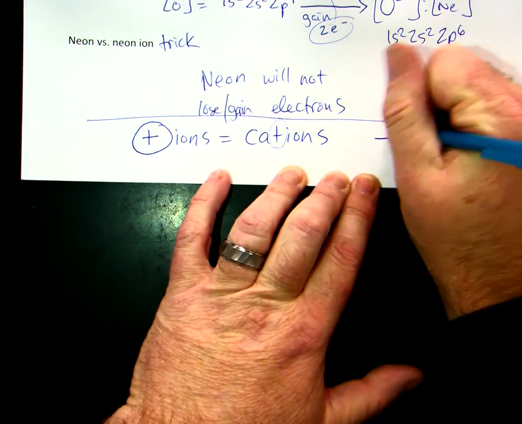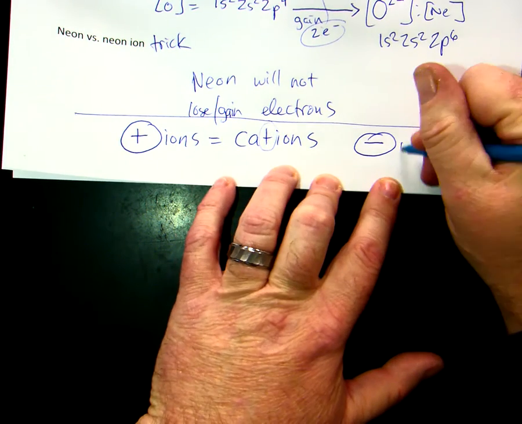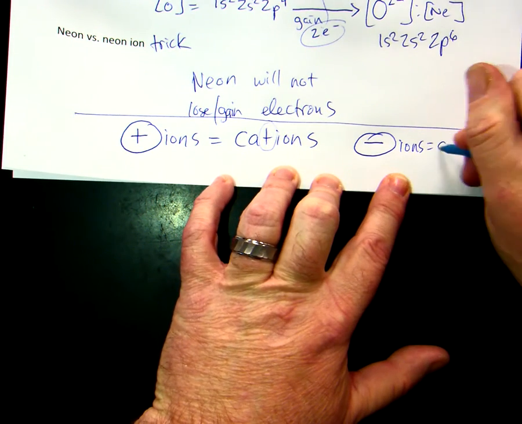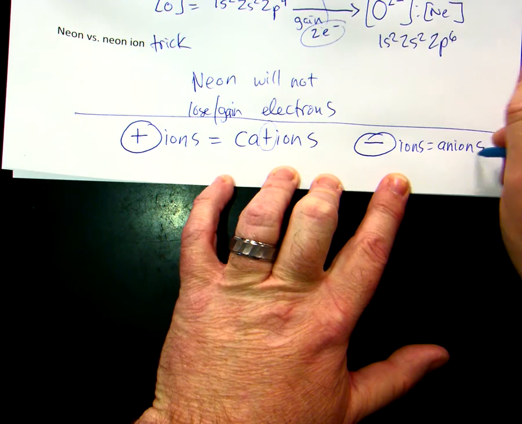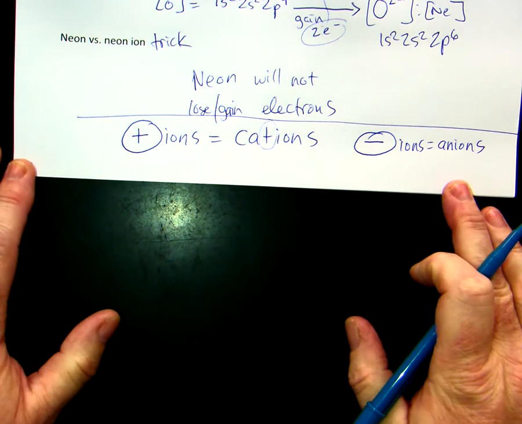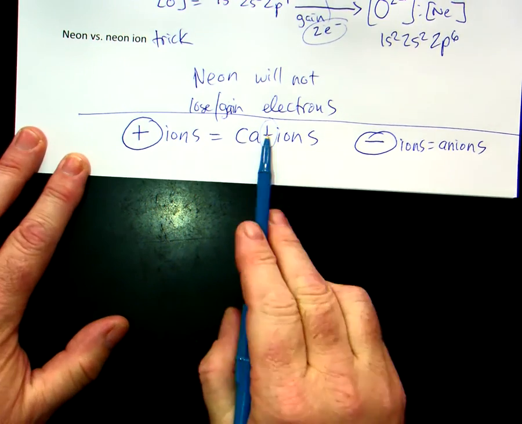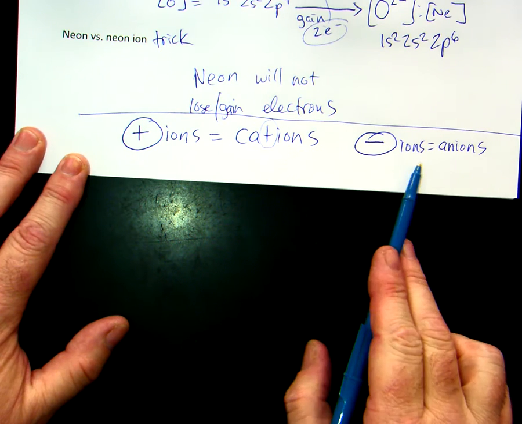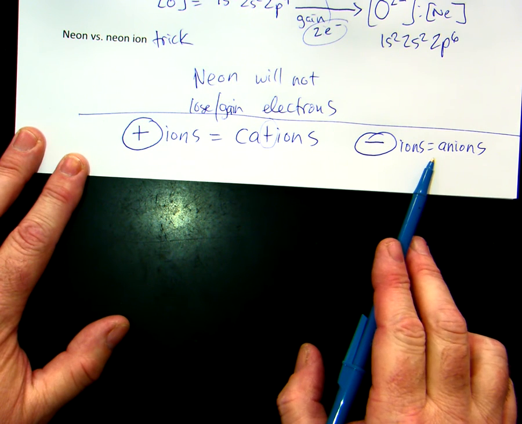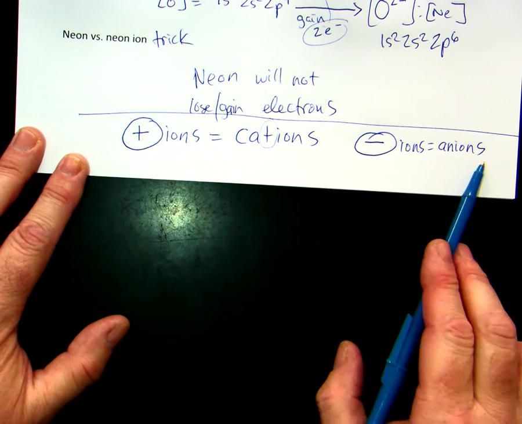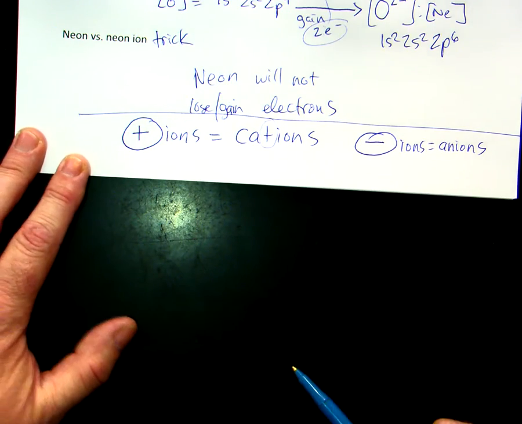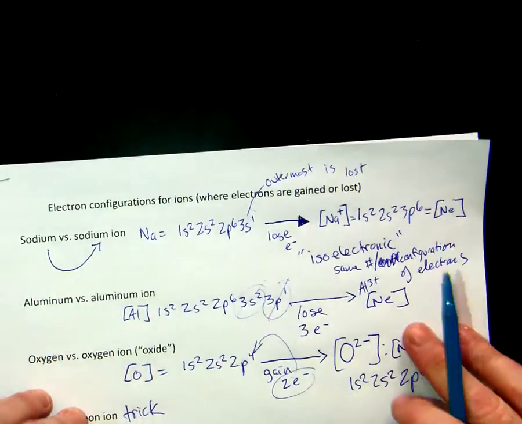Okay, negative ions are called anions. And I don't have an interesting way like I do for the positive to remember that, but I can tell you it's not pronounced anion. It's anions. Okay, so that's a little more vocabulary to know.